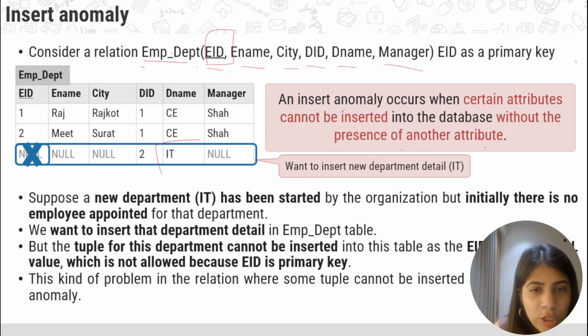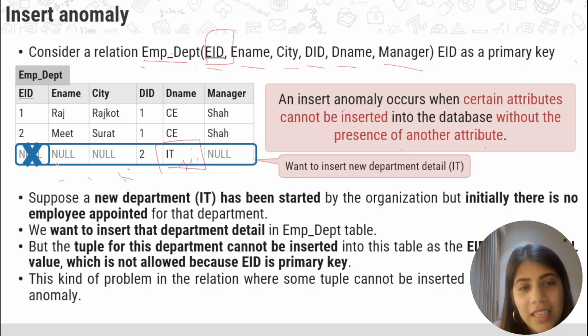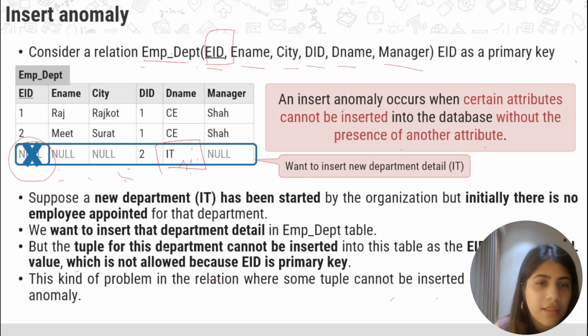For example, a new department has started, the IT department, and we want to insert the data of the IT department. However, there is no employee assigned to that department yet. When we try to insert the data of this department, it will not allow it, as employee ID is the primary key, so it cannot be null or empty. This kind of problem in a relation where some tuple cannot be inserted is known as insert anomaly.